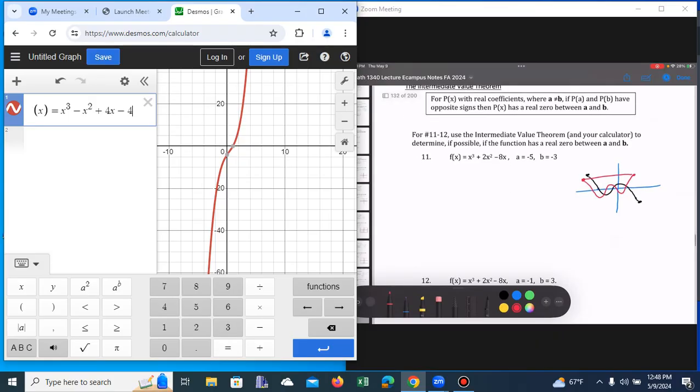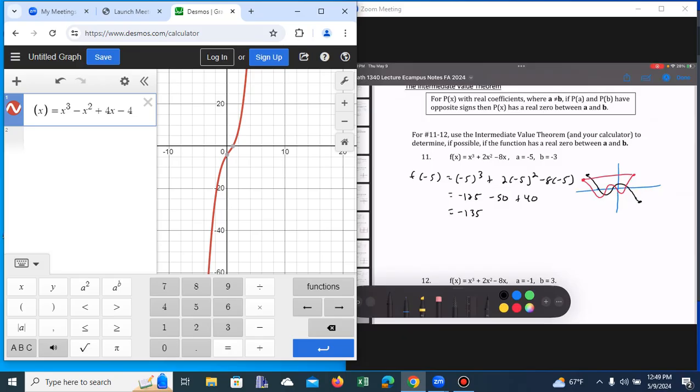So to do this, all we're going to do is plug in -5, and then work out the math to see what we get. So we get a negative 125. We get a negative 25, so negative 50. And a positive 40. So that's negative 10, so we end up with negative 135.